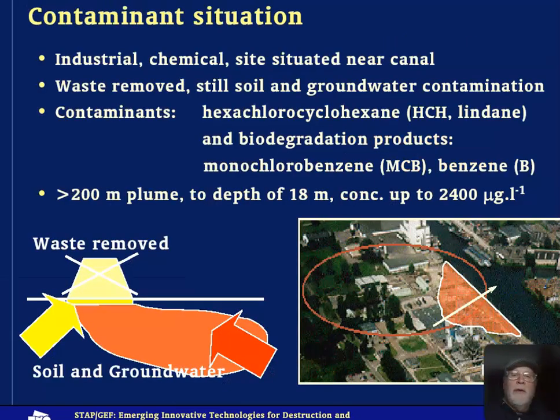And then they wanted to redevelop the site. So they removed the waste, and then they still had this contamination of this pesticide, lindane, hexachlorocyclohexane. And then that biodegrades, like we saw with the TCE, to monochlorobenzene and to benzene.